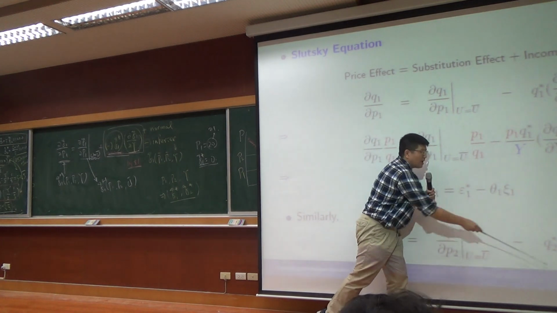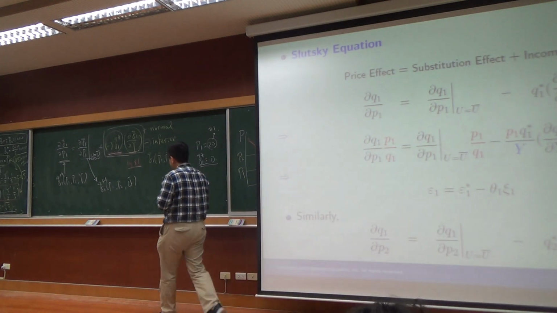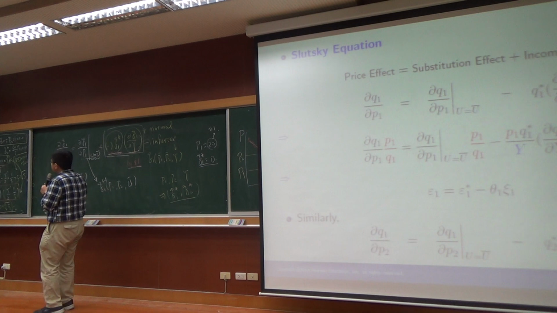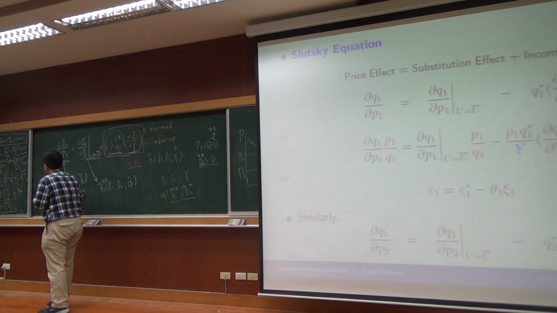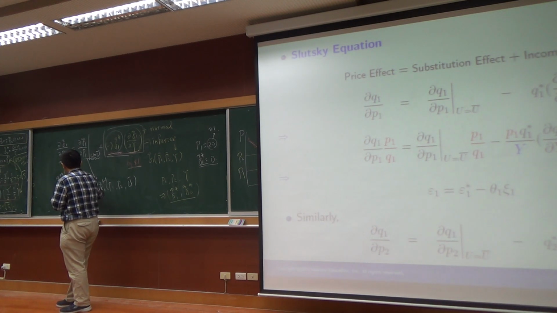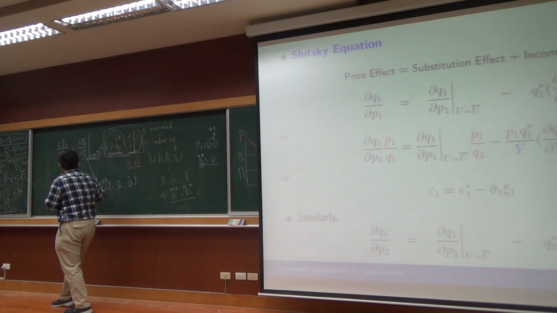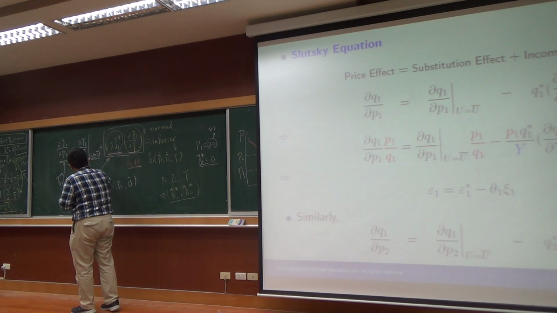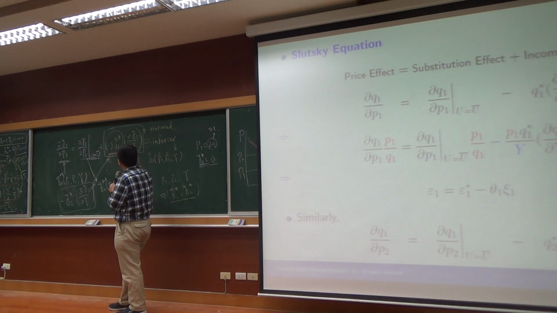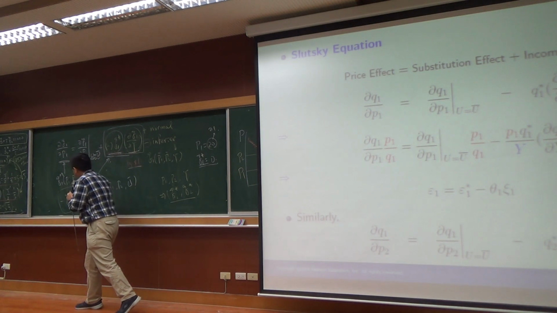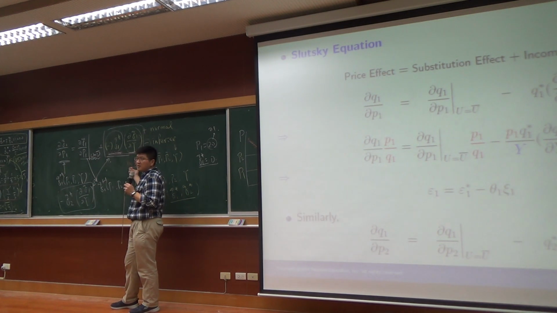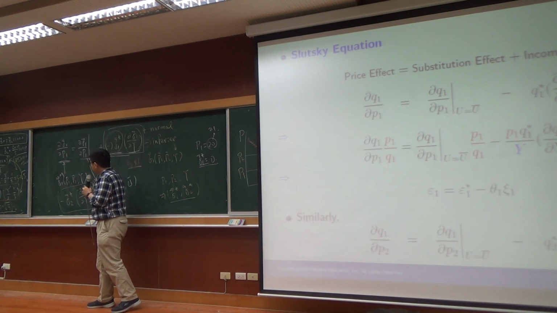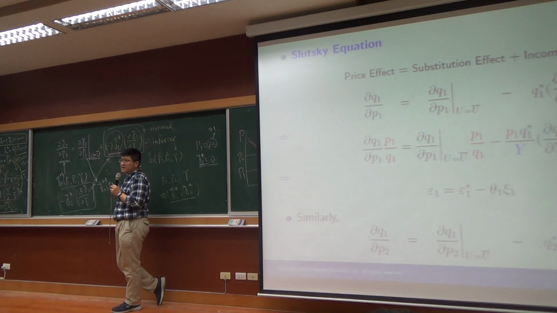And how to interpret the last term? You see the last one, which is minus Q2 star and Q1 Y. So the income effect, what's the difference between this and this? We have the same term here. So per $1 increase of our income, how does Q1 respond, right?